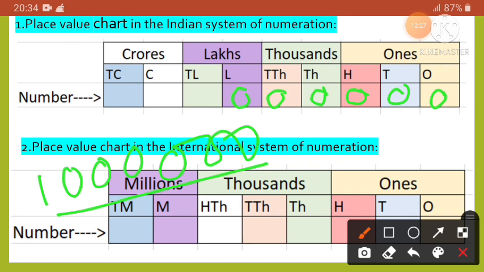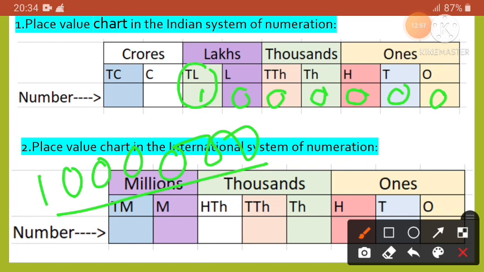Then we have to place 1 under TL, that means 10 lakh. So we get the digit 1 in the 10 lakhs place. We can say that the number is 10 lakhs in words.